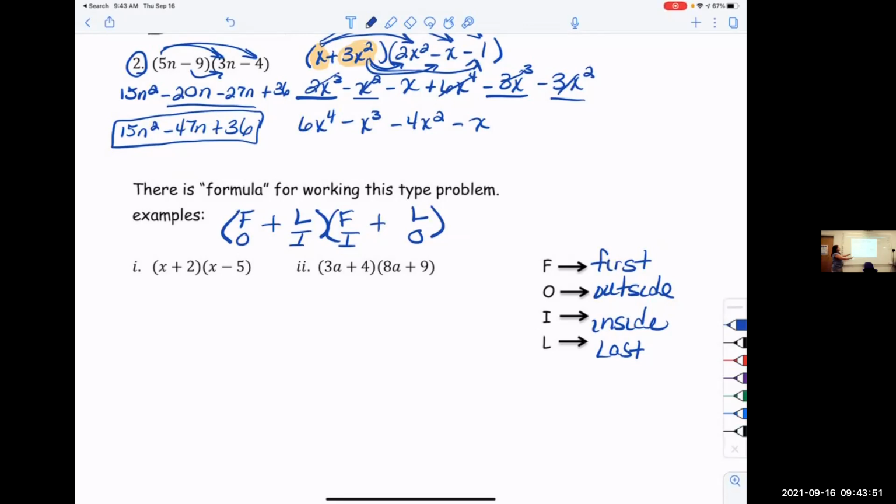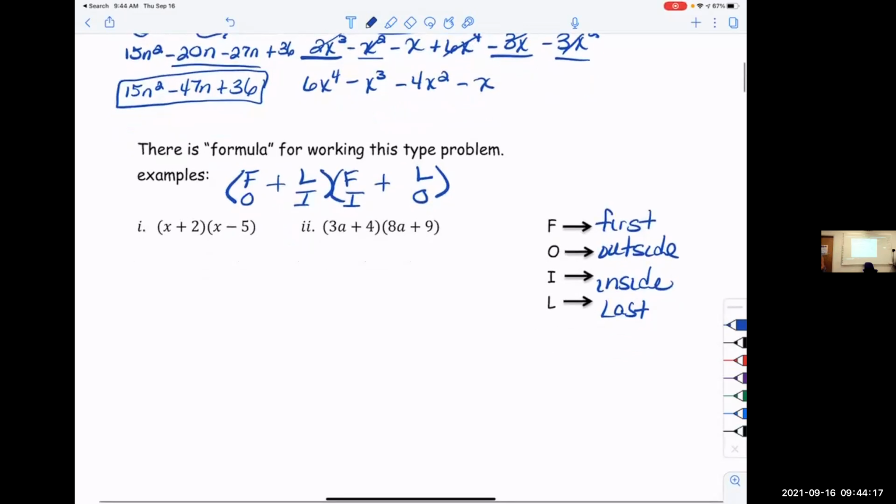So let's do this one. Here's first: x times x. Outside, take the sign with it: negative 5 times x. Inside, 2x. And last, negative 2. So first, outside, inside, last.